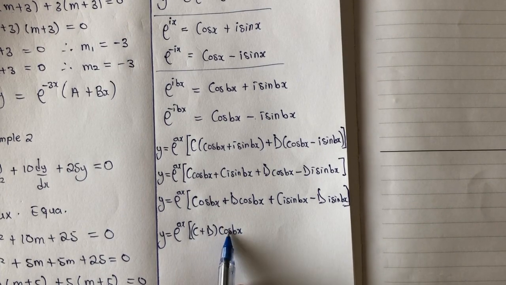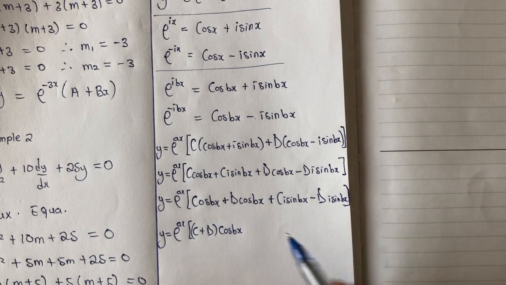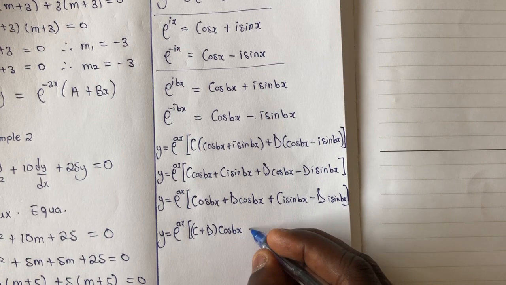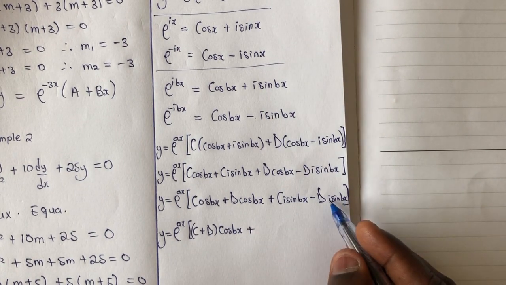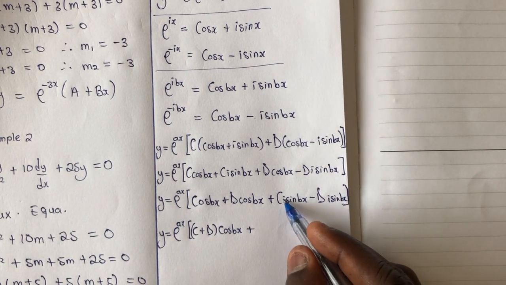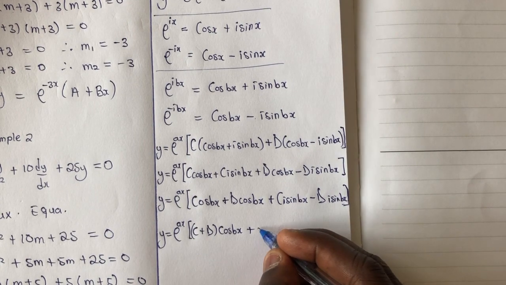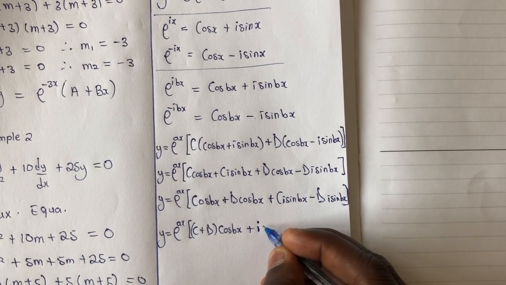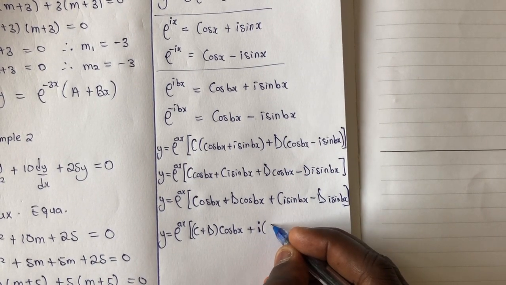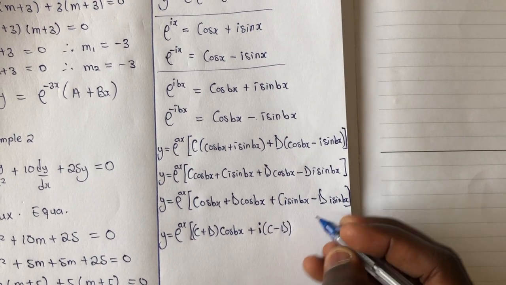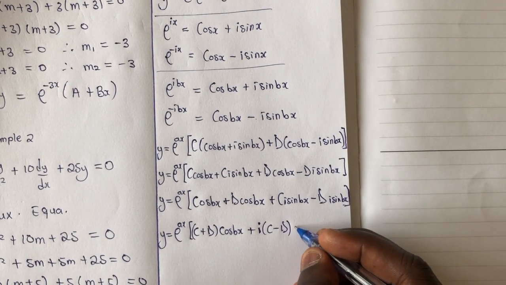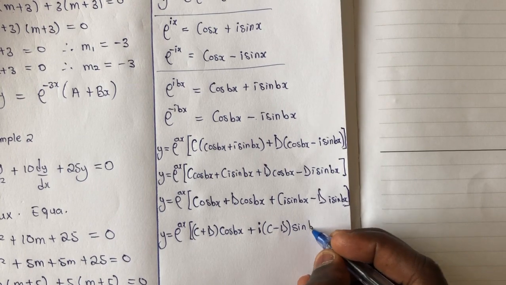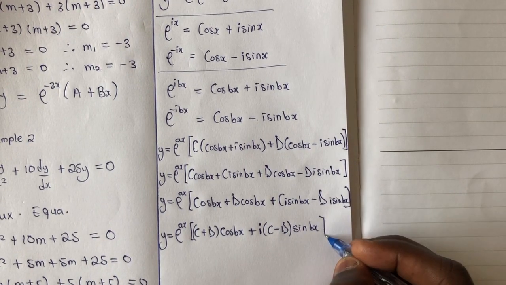So that when I multiply this, I'll get this. Then plus, there's an i here, there's another i here, I can factorize that one out. So I'll put i outside, c minus d, then I'll pick sin bx. And this is it.